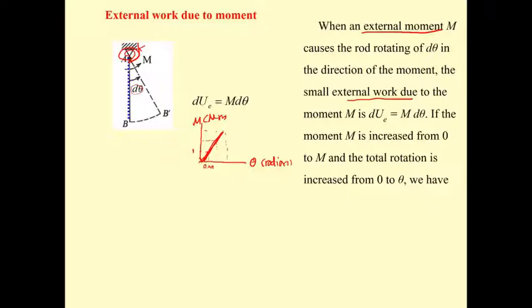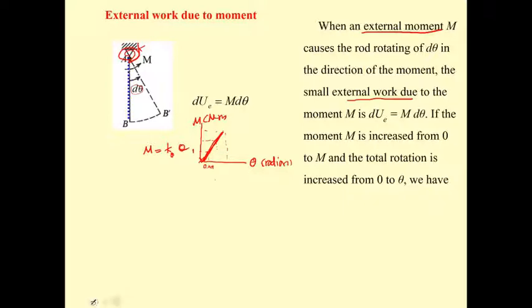And now you have the relationship of M equal to k theta. That is showing the relationship between the moment and theta by this graph.